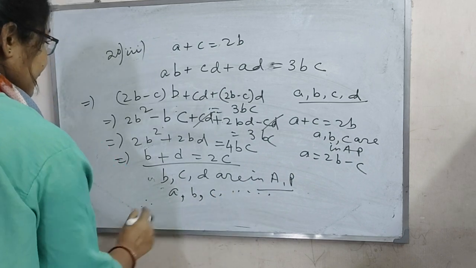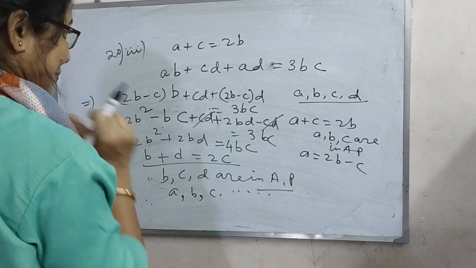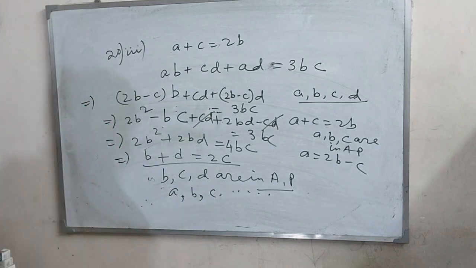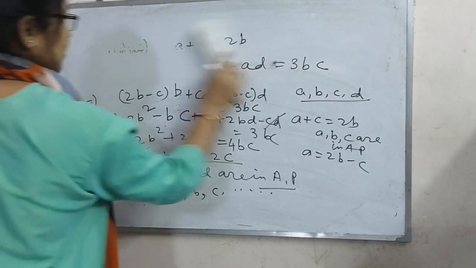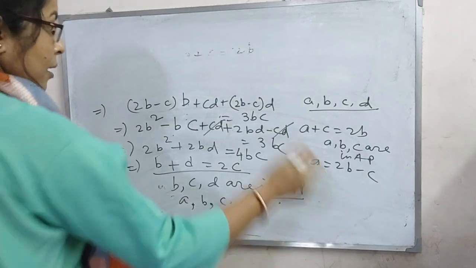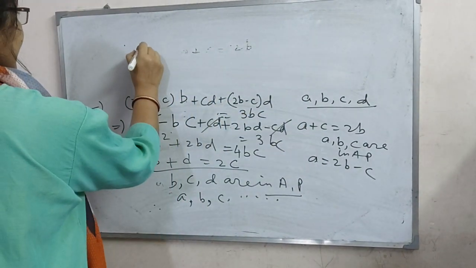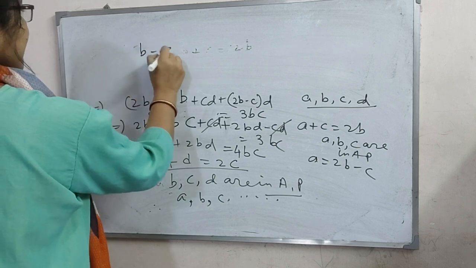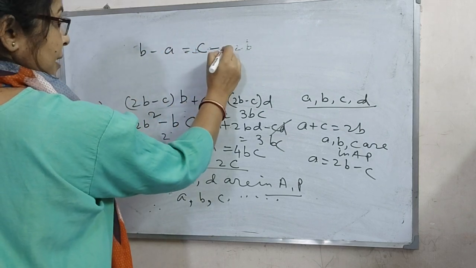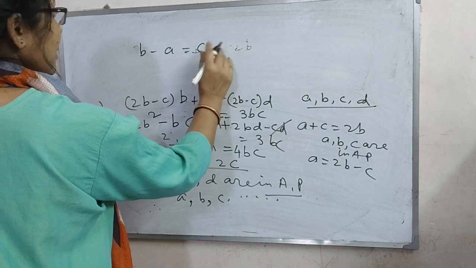We have a, b, c are in AP, that means b minus a equals c minus b.